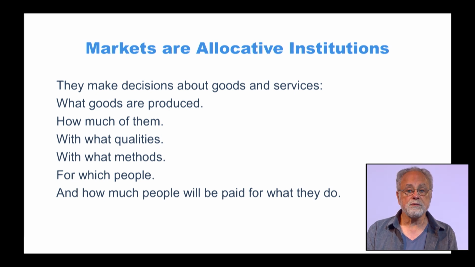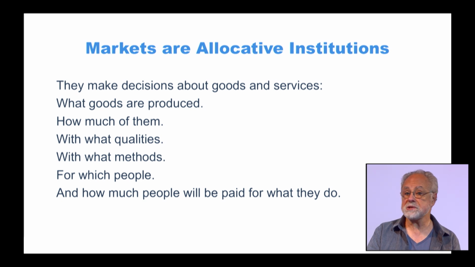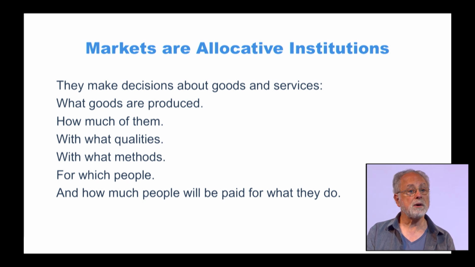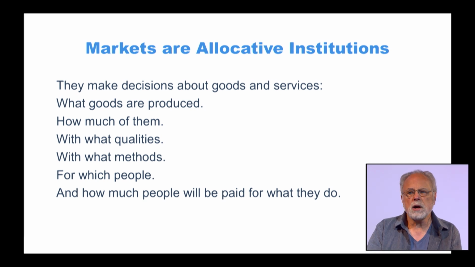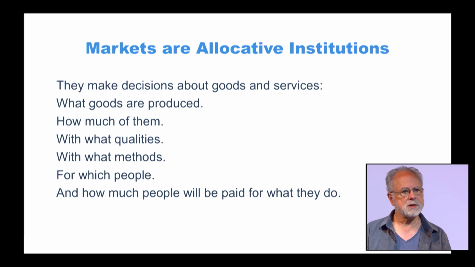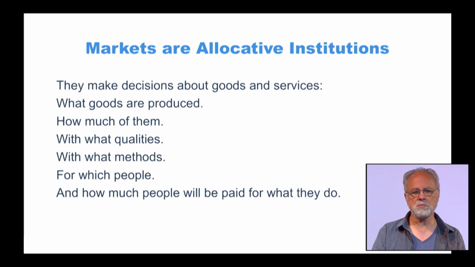What you should get from this is the notion that markets are allocative institutions. By that, I mean they make decisions in themselves about economic variables, like what goods should be produced or not produced, what quantities of goods will be produced in the market, what qualities those goods will have, because the qualities will affect demand and supply.